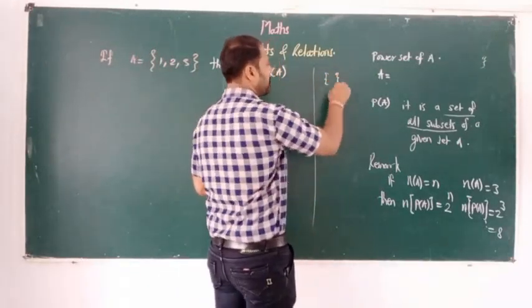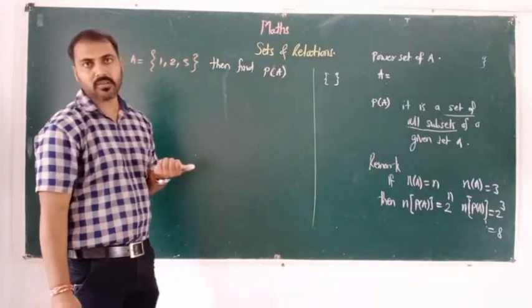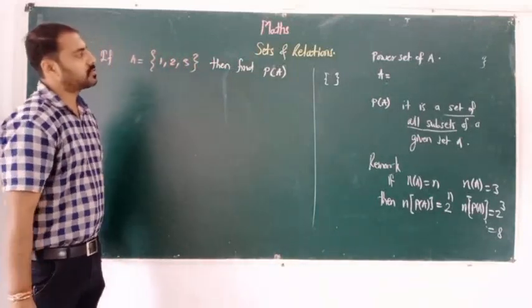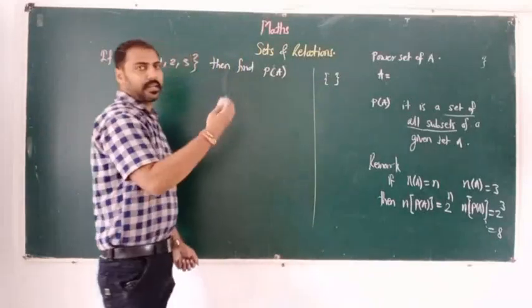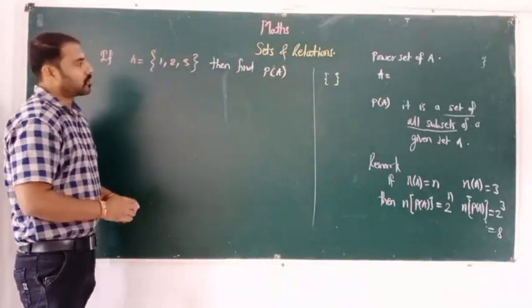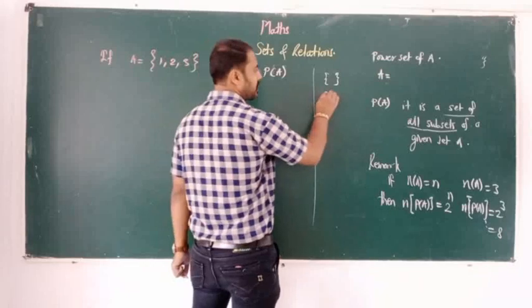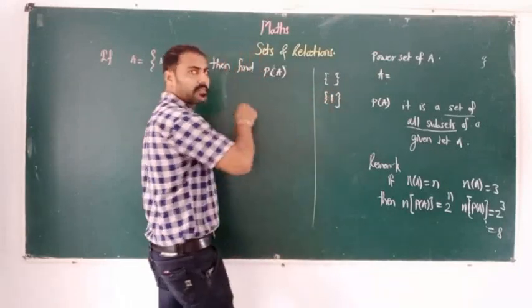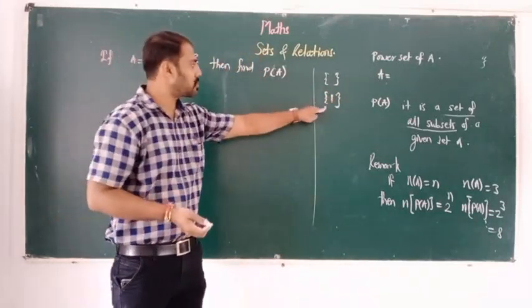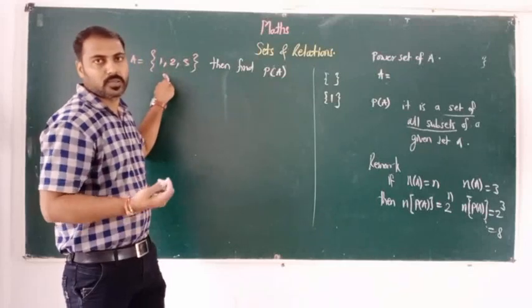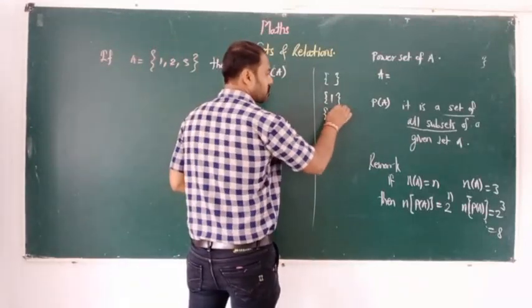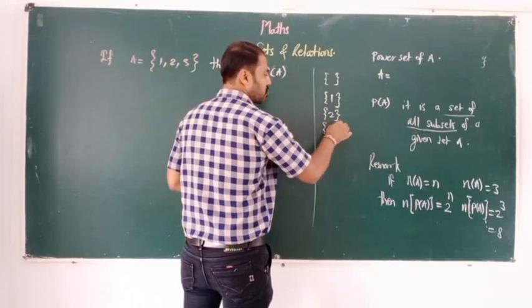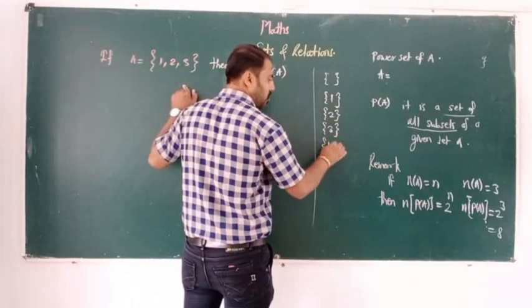Clearly, an empty set is a subset of all sets, so I am writing only an empty bracket. 1 is a subset, yes, because all the elements of that set are elements of the given set. 2 is also a subset. 3 is also a subset.